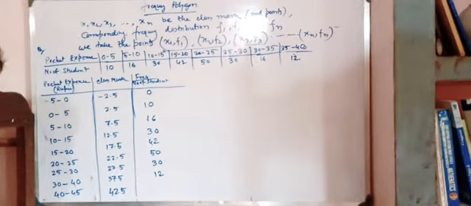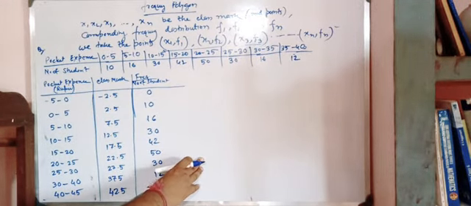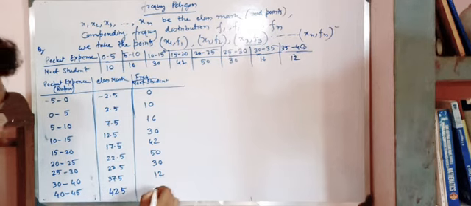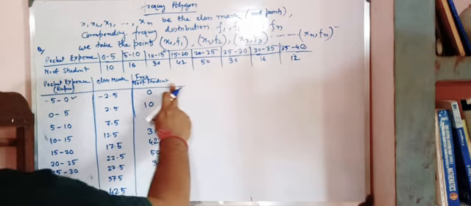Next 40 to 45, class mark 42.5, and this frequency should be 0. Understood? So these two intervals, the first and the last, we have taken as extra class intervals to draw a frequency polygon.